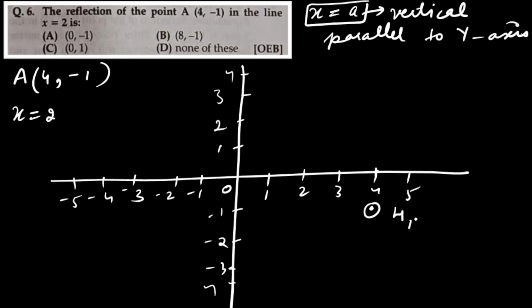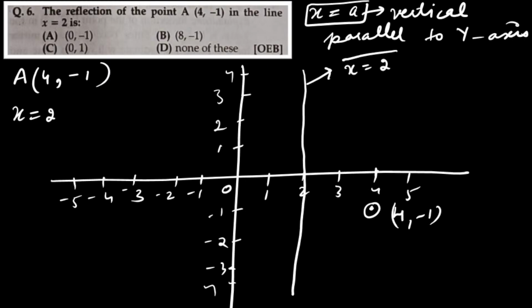So this is 4 comma minus 1. This is how we plot a point. Now its reflection we have to do from x is equals to 2 line. So vertical line x is equals to 2, that means the line will pass through x-axis through point 2. So this is the line x is equals to 2.